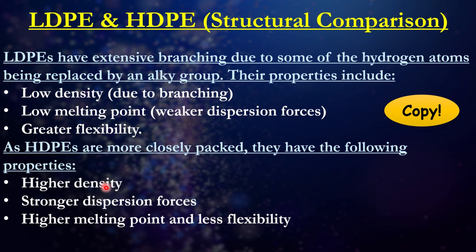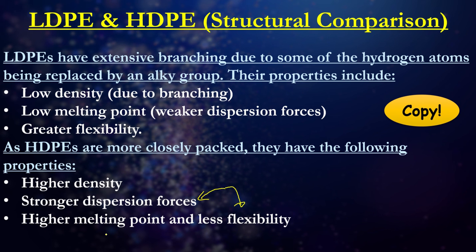The high density one, because the polymers are much closer packed together, they're going to have a much stronger dispersion force, which also means we are seeing a less flexible plastic, and it also has a higher melting point.